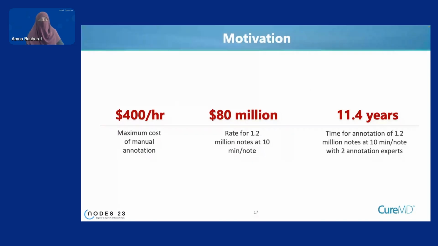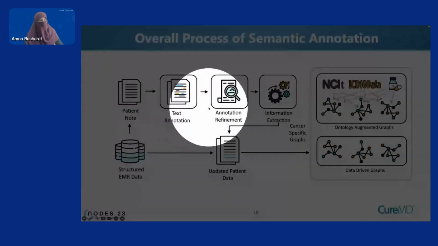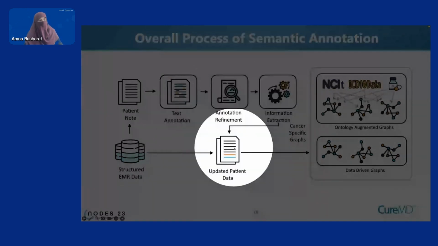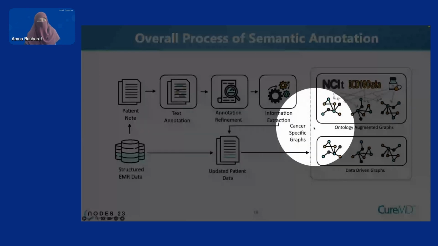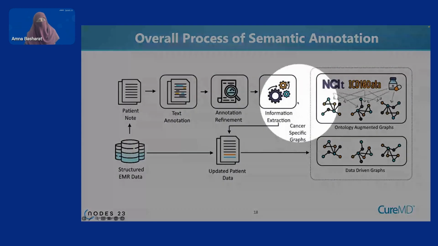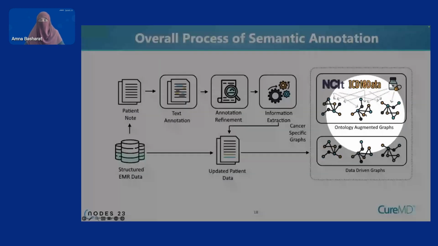So the goal was to have this automated annotation process where we could just take the patient notes, feed them into some sort of an annotation pipeline, extract the useful information, and then feed it to the graphs. In our case, we started out with simple data-driven graphs, and then we augmented them with the ontologies.